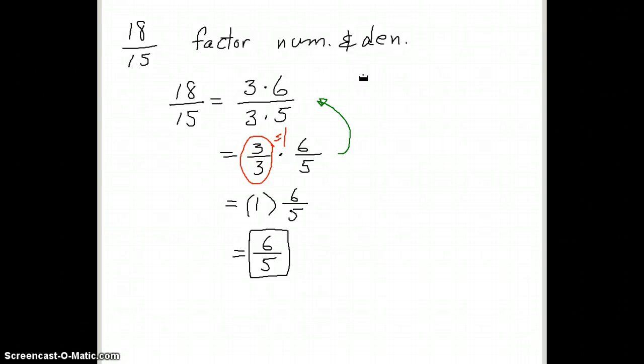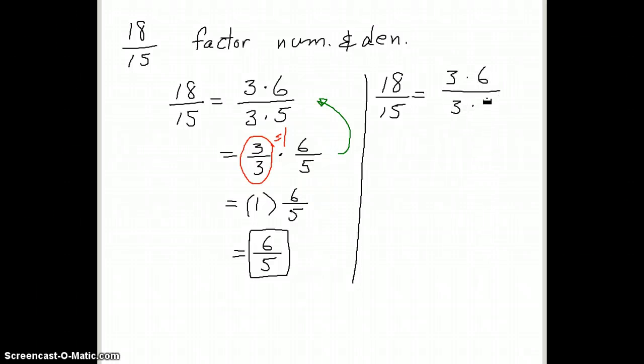Now we don't usually go through all of that. We have a shortcut in mathematics. We call it canceling. So I would say something like 18 divided by 15 is equal to 3 times 6 divided by 3 times 5. And then what I would say is, oh, these cancel. The 3 and this 3 cancel.